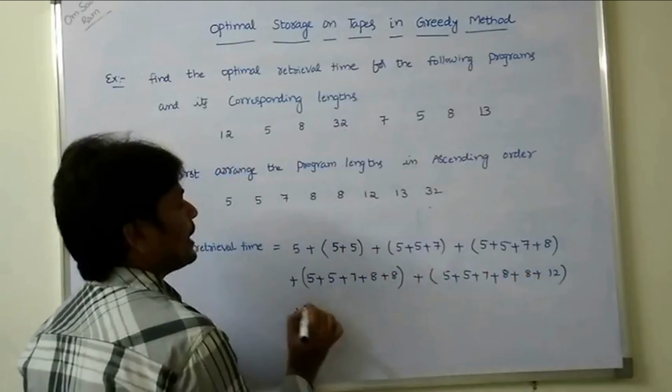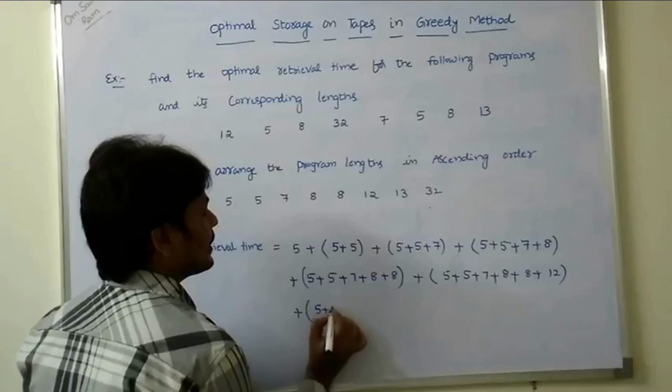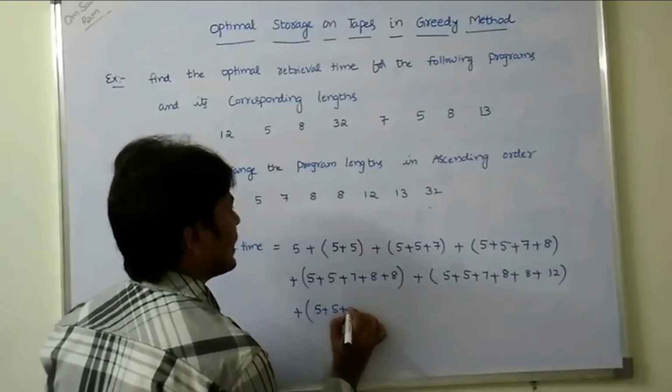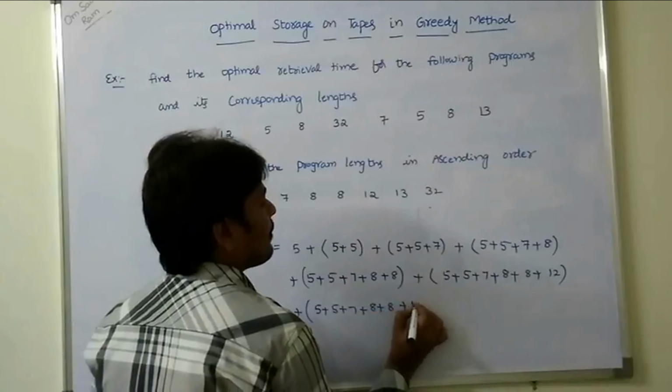Plus the seventh program, the first through the seventh. Next, the time required for accessing the eighth program is the time required for accessing the first, second, third, fourth, fifth, sixth, seventh and eighth programs.